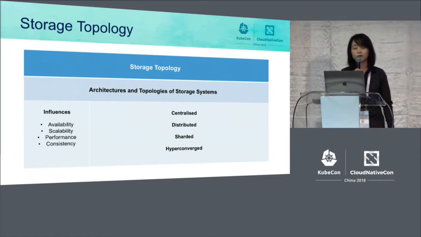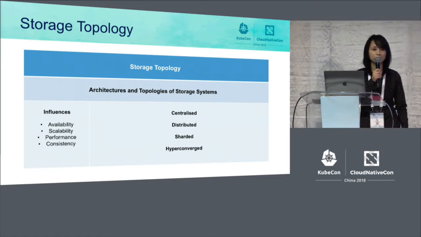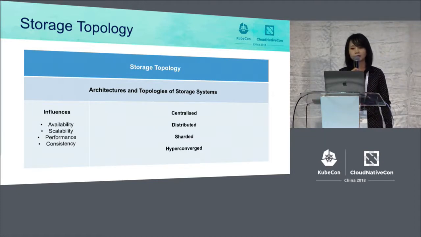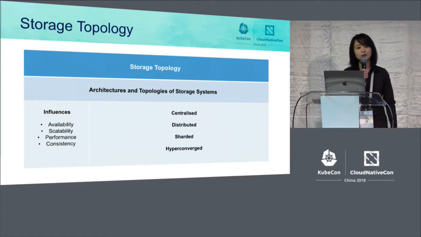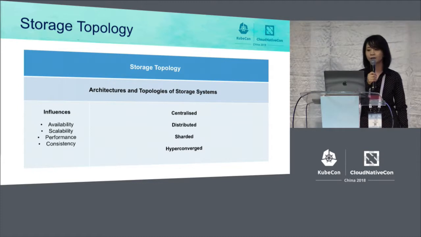But that could also add complexity to operate. And then sharding. So sharding is used by many database applications to partition the data set. That can be scaled horizontally, but it could also have added operation complexity.